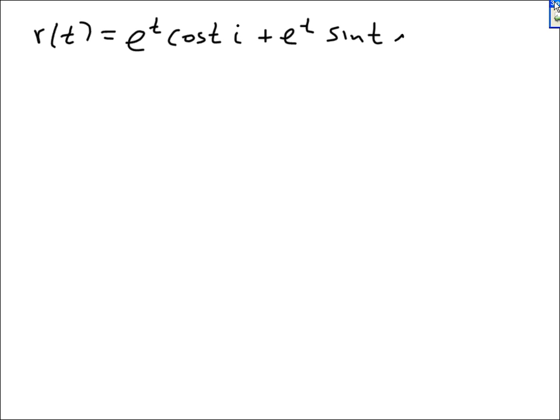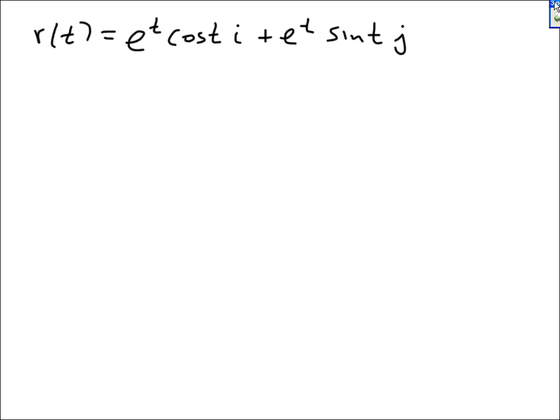Let us try a slightly different type of problem. Suppose you were told that r of t is equal to e to the t cosine t in the i direction plus e to the t times sine of t in the j direction.